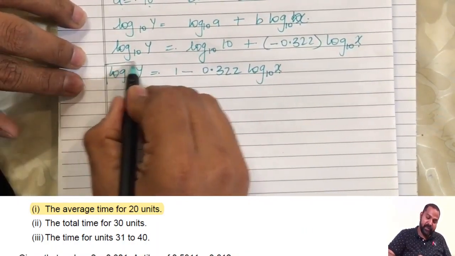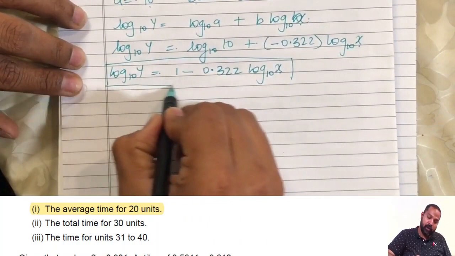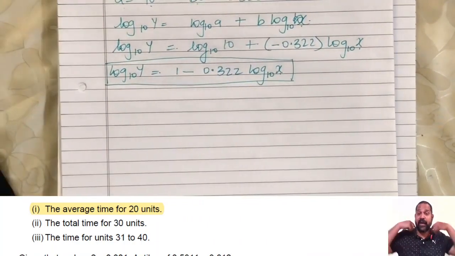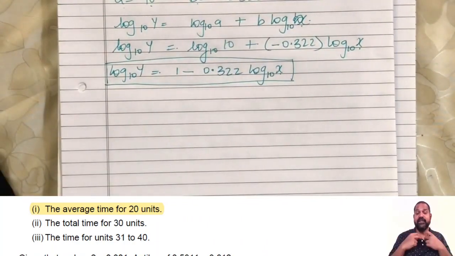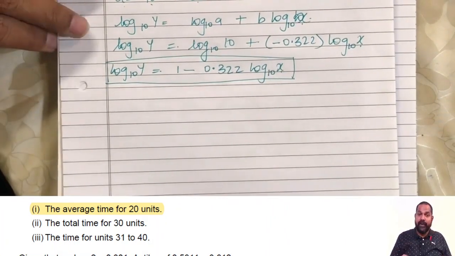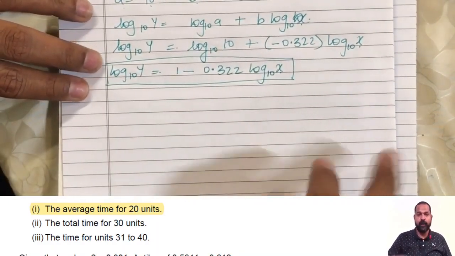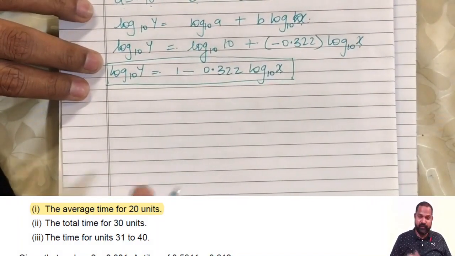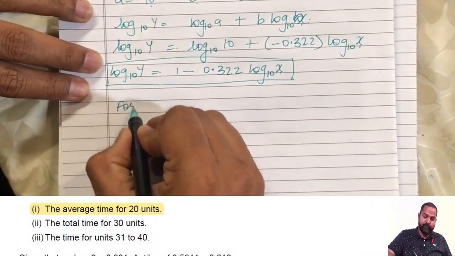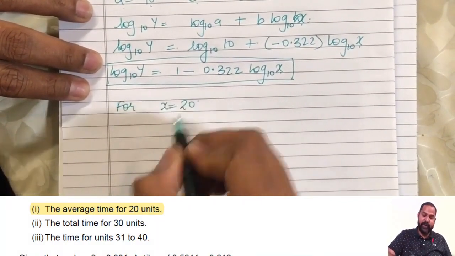And this is the standard formula for this question. Now, for any given value of x, I can find y. I want to find it for 20 units, for x equals 20.